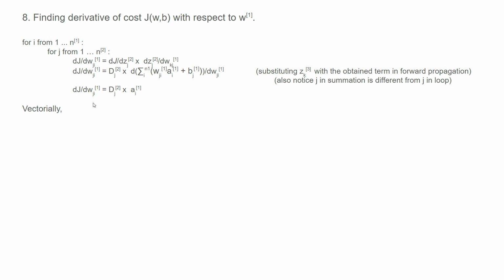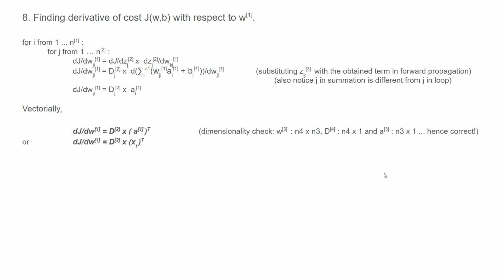Therefore we have gotten the differentiation of j with respect to each element of W1, and that is dj2 times ai1 for the weight ji. Vectorially we can say that dj by dW1 equals d2 cross a1 transpose.